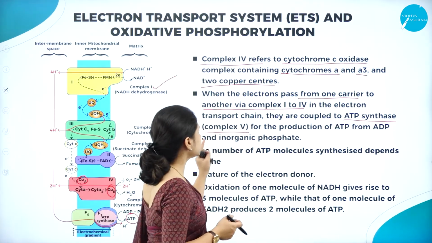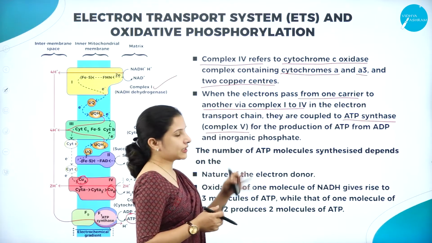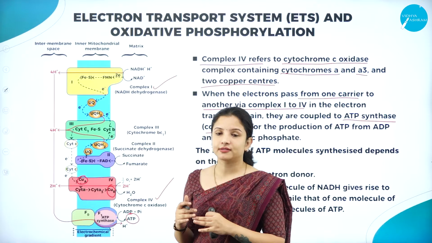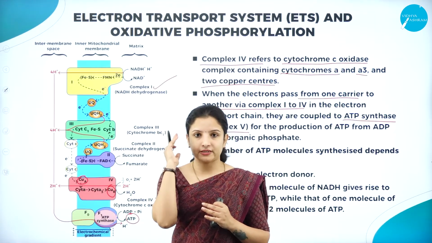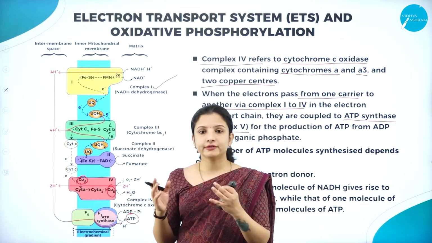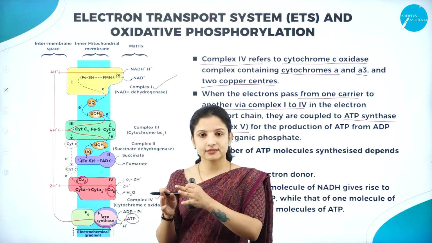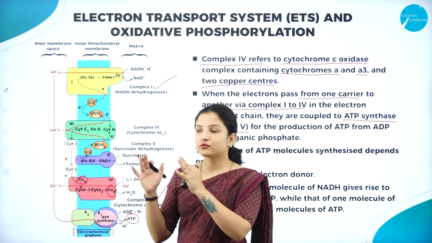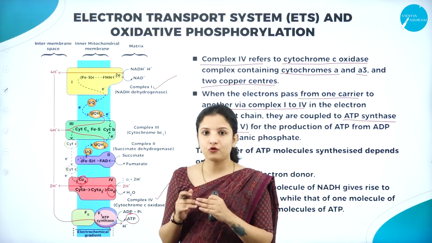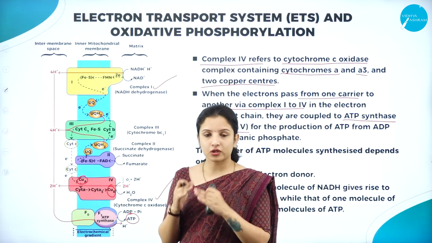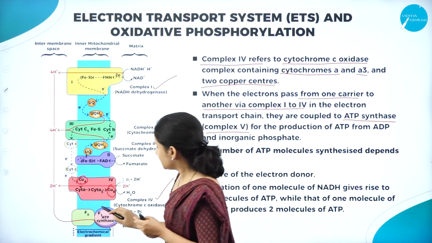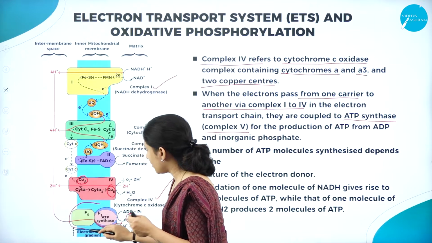To make you understand again, electrons have passed through different carriers, right? From complex 1 and complex 2, all the electrons entered into complex 3. In complex 3, through the cytochrome C, the electrons were carried to complex 4, and from complex 4, whatever electrons are there, they will enter into complex 5. This particular region is complex 5.